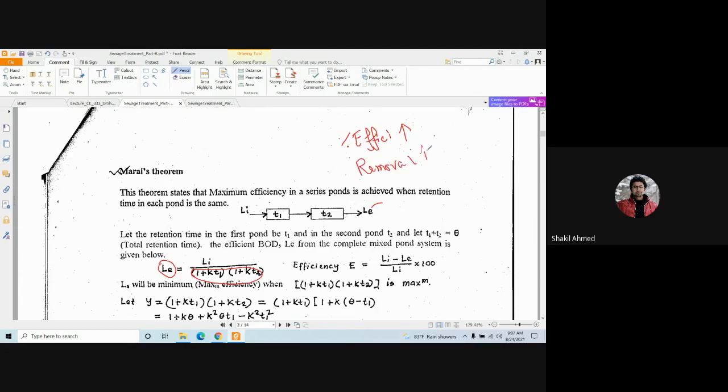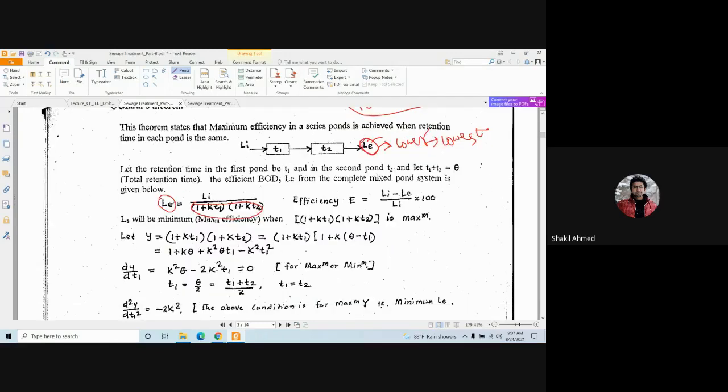Higher is the removal. Am I right? Yes, sir. And if higher is the removal, then this value will be smaller or larger? If removal is higher, then what will be this value? Lower, sir. So for highest efficiency, this has to be lowest or minimum. Now, if Le has to be minimum, then this has to be maximum.